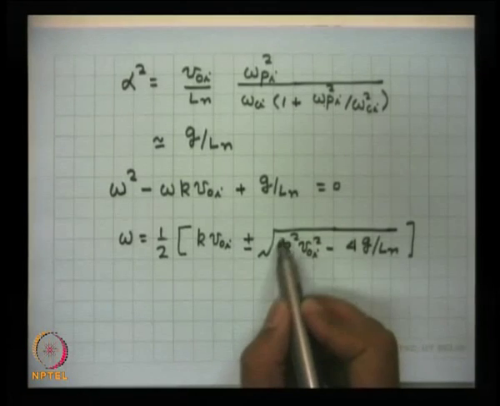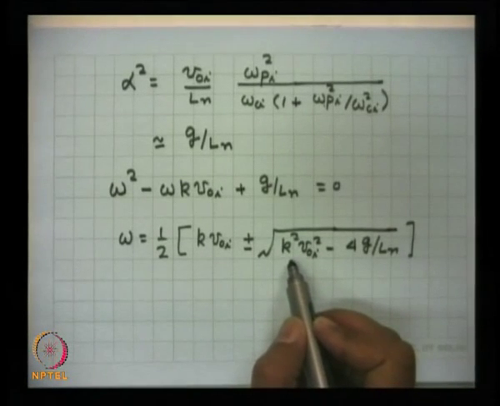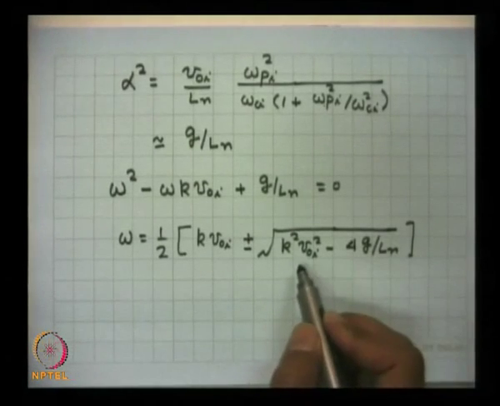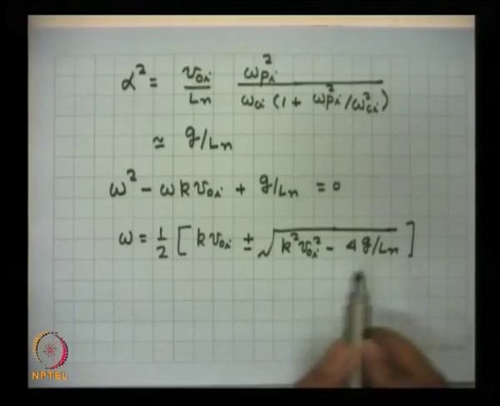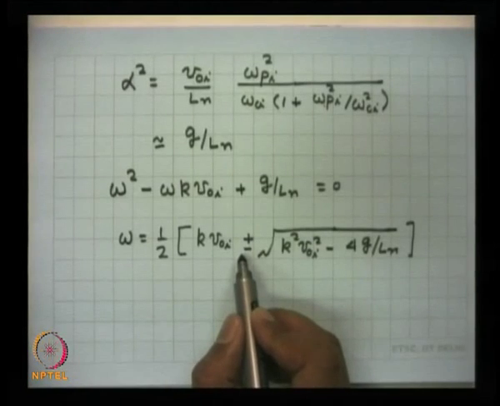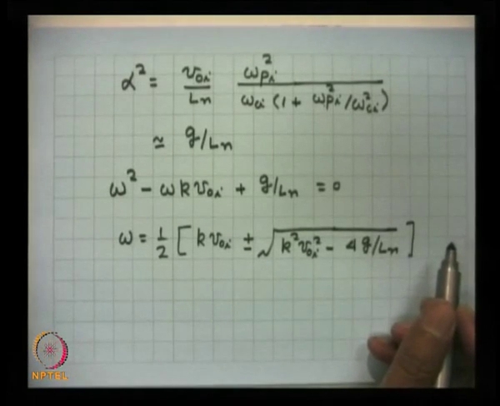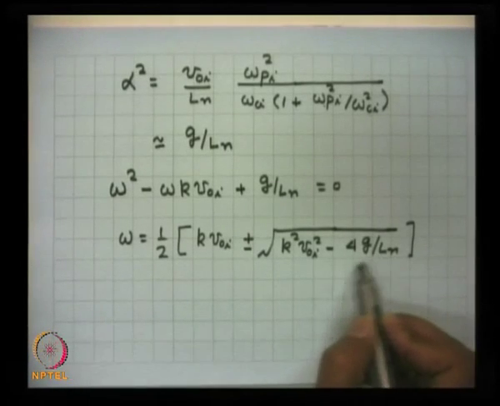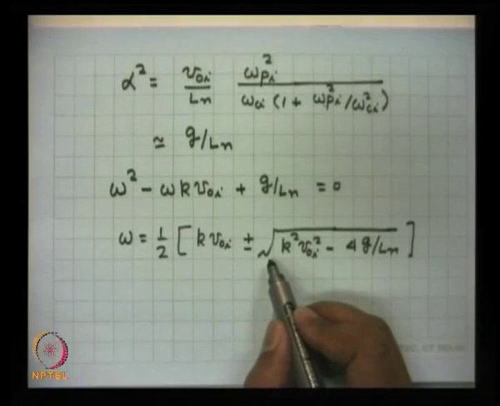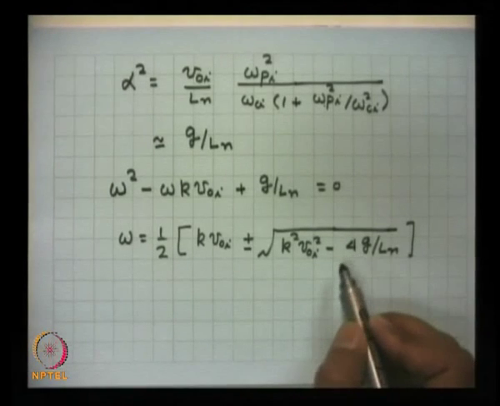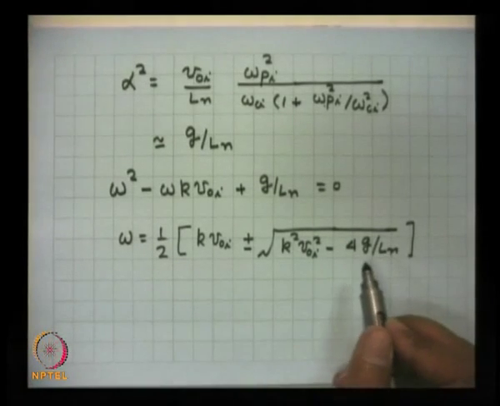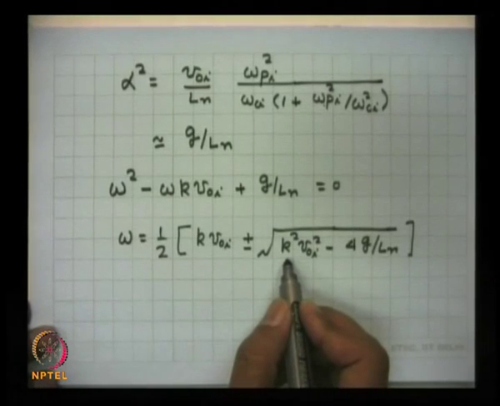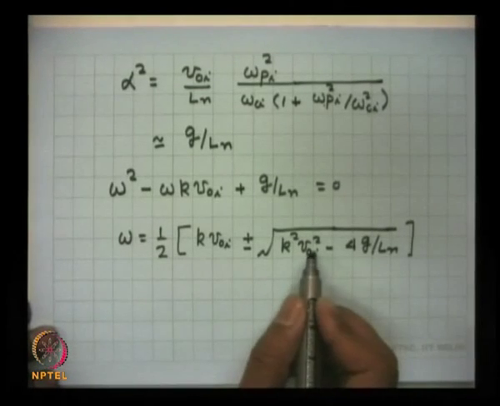Well, this quantity could be positive or negative. When this is positive, omega is purely real and there is no instability. So, for large values of k, this quantity is positive and there is no instability. It means if the perturbation in the plasma has a large k, then there is no instability.